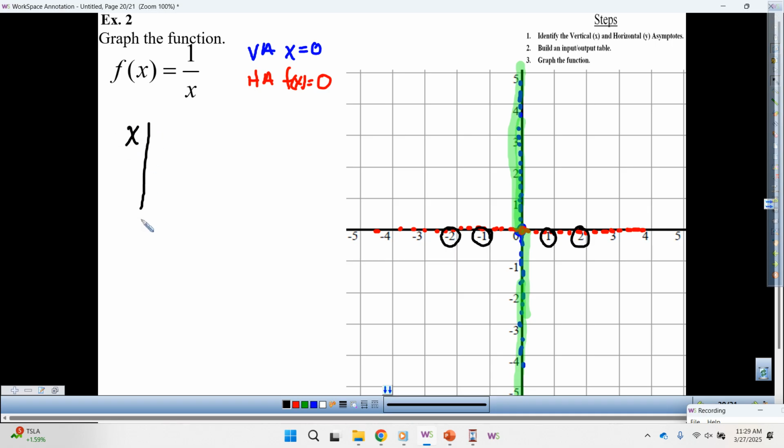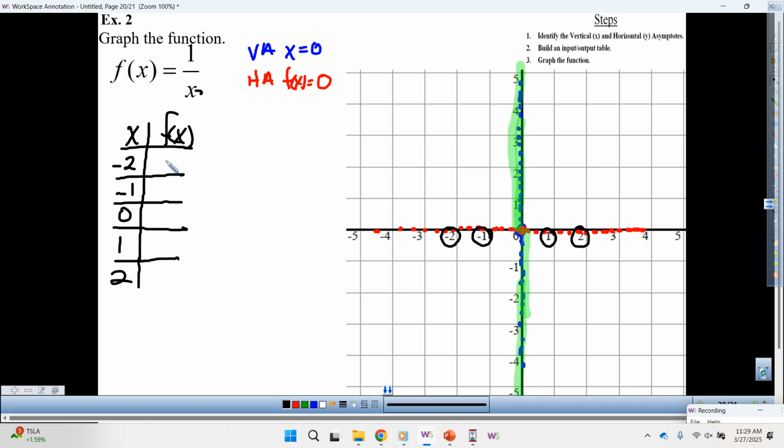So x, f of x, -2, -1. Now, I am going to leave the space for 0 because I'm just going to make sure I show you what we see, 1 and 2. All right, so if I substitute -2 in here, what does that give me?